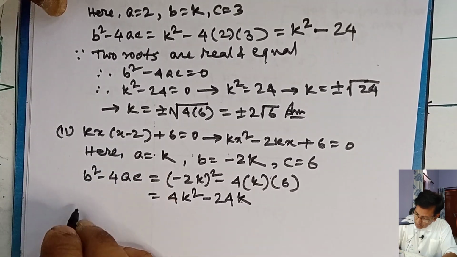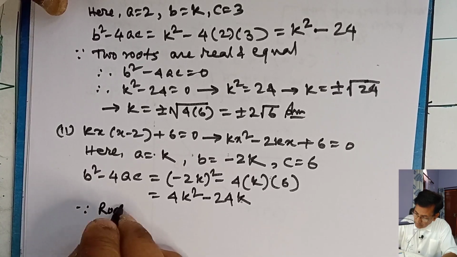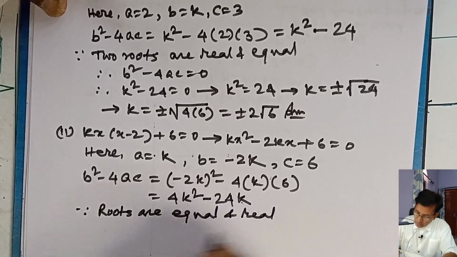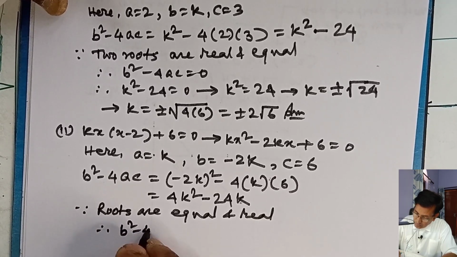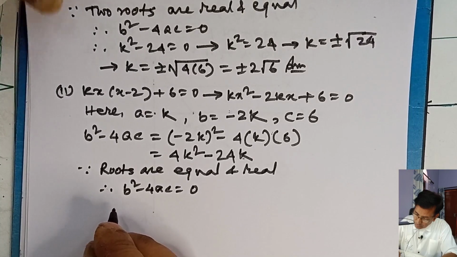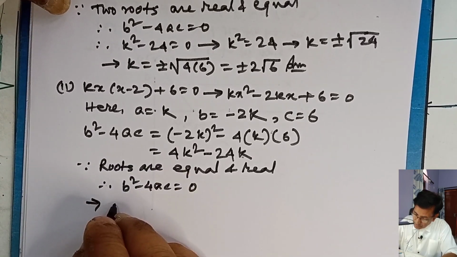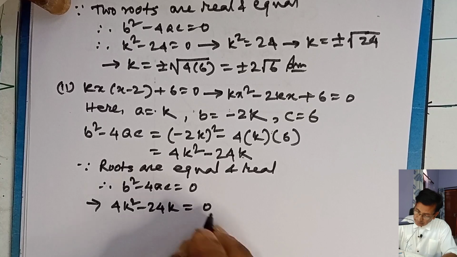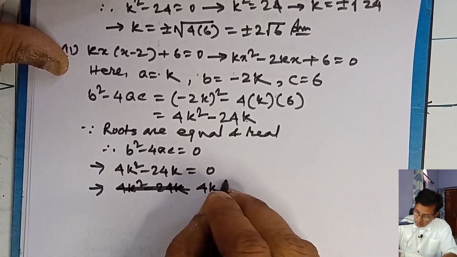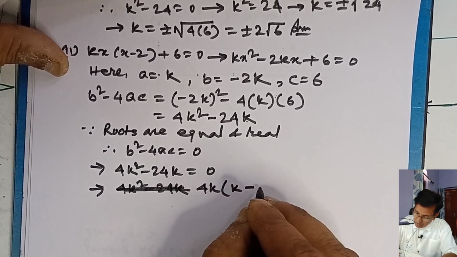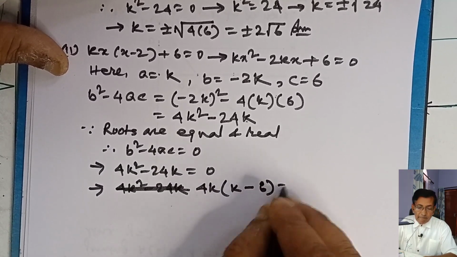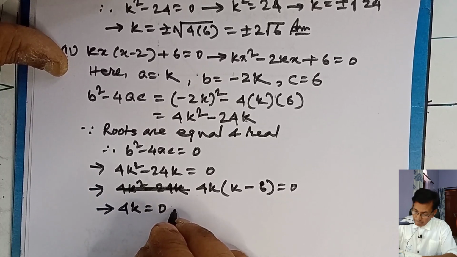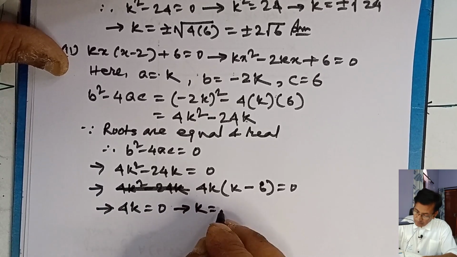For equal and real roots, since roots are equal and real, therefore b square minus 4ac is equal to 0, or you can write 4k square minus 24k is equal to 0. You can take 4k common, 4k into k minus 6 is equal to 0. From here 4k is equal to 0, or k is equal to 0.